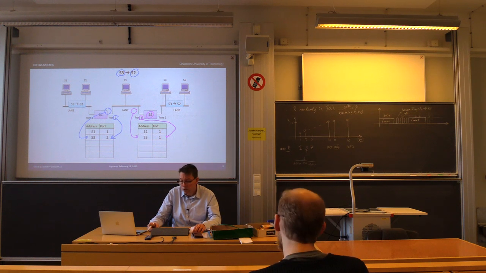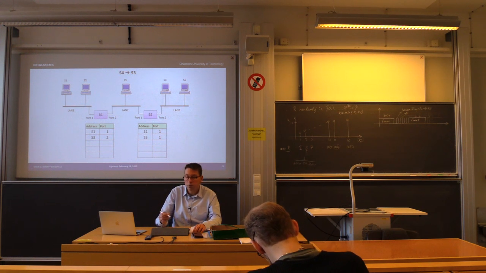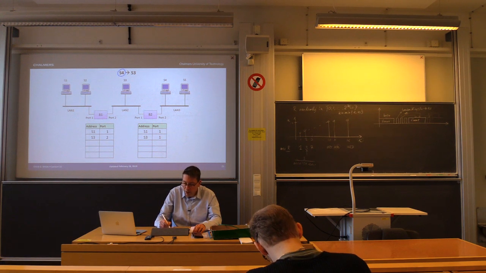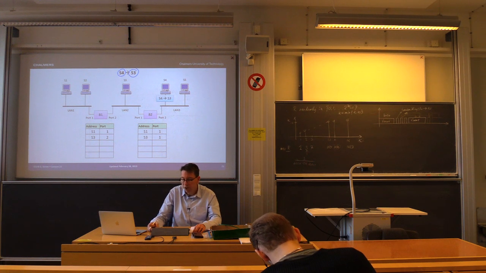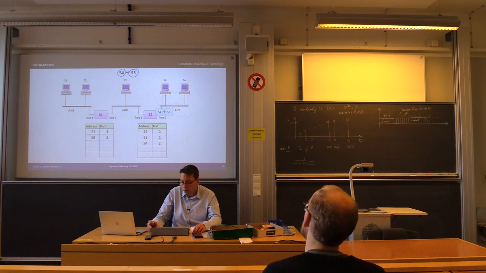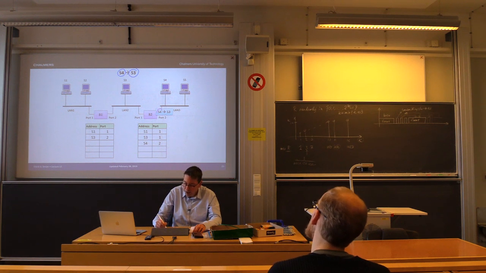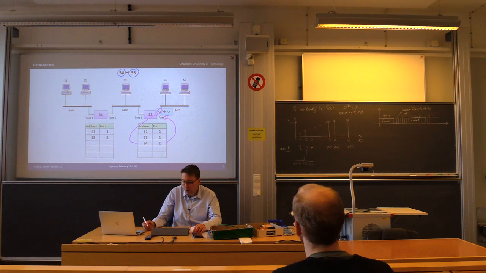No. So let's continue. Soon it will become a little bit more interesting. So from S4 to S3, what happens? Well, a packet is generated at S4 and has the right destination address. It goes to bridge 2. Bridge 2 learns that apparently S4 is on its port 2. Then it looks at the destination address, S3, and finds it in its table.